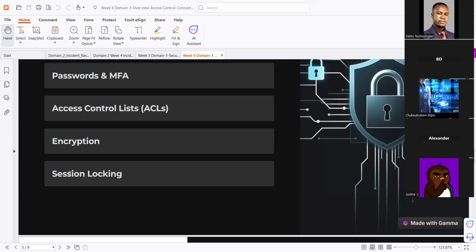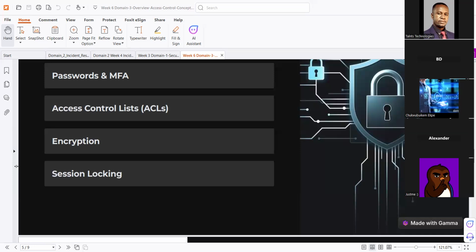Yes. All right, so we go into session locking. What is session locking? Session locking is a security mechanism that automatically restricts access to a system after a period of inactivity.